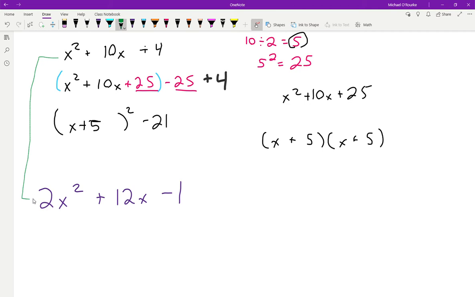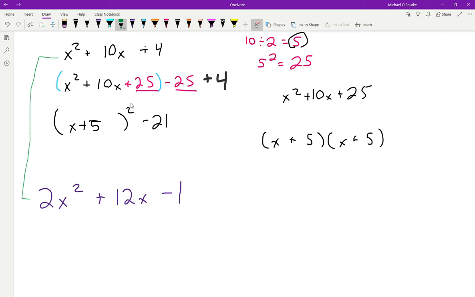Yes, it's not a perfect square, you're right. But also, there's a 2 in front of my x squared. Okay? We want to get rid of that 2. If it's a perfect square, we can work with it. Like if we can square root this number here, we can work with it. But we can't take the square root of 2, right?